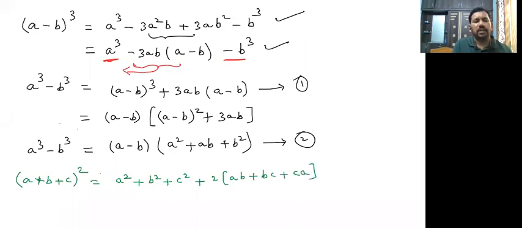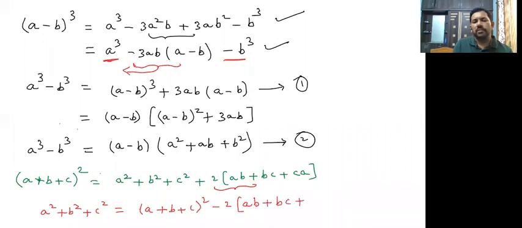This is the formula. Sometimes they will ask only for the a² + b² + c² formula. How to write? These terms we send to the left hand side. That means (a + b + c)² minus 2(ab + bc + ca).